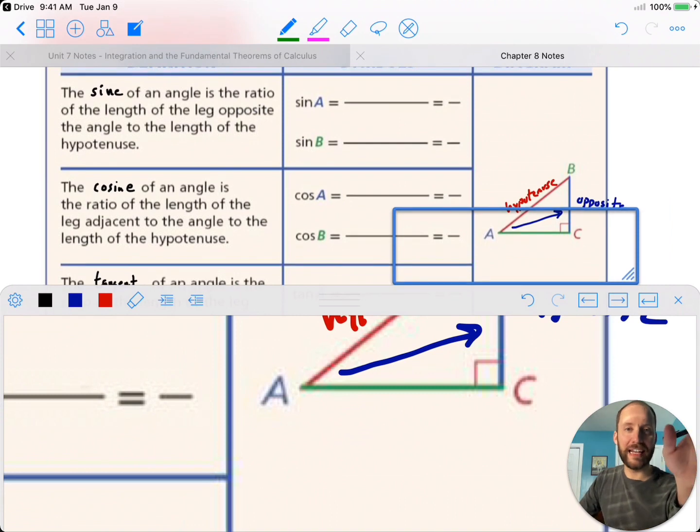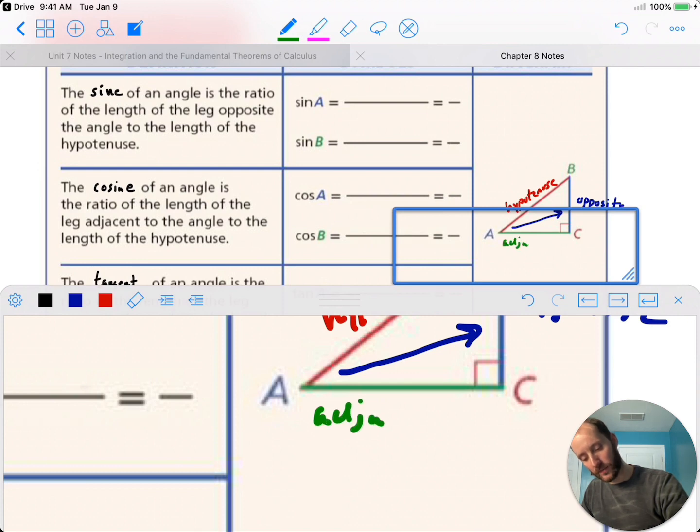And then the leg that's next to angle A, that is not the hypotenuse, is the adjacent, or next to. Remember, linear pairs, we looked at adjacent only. Adjacent means next to. So the side next to angle A that is not already the hypotenuse.